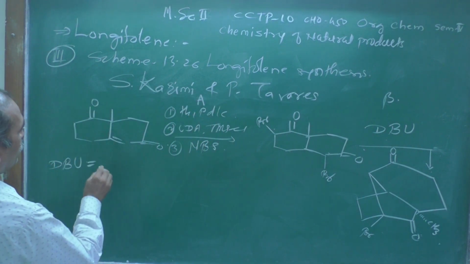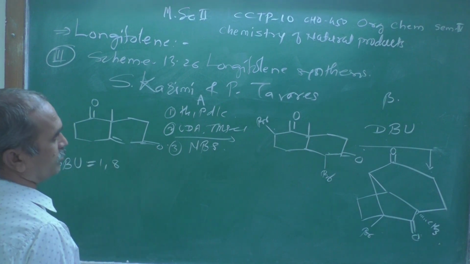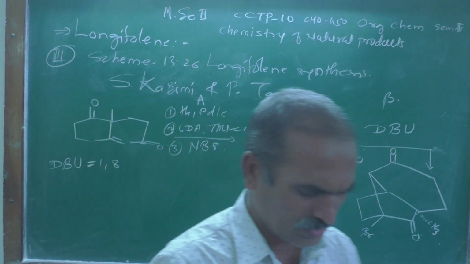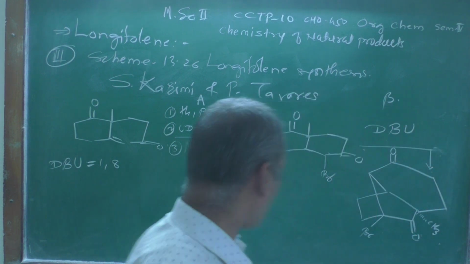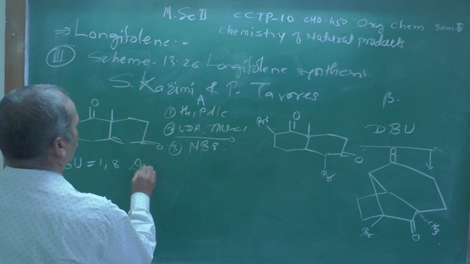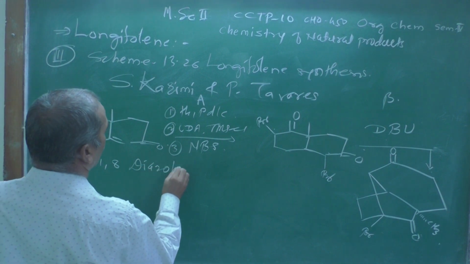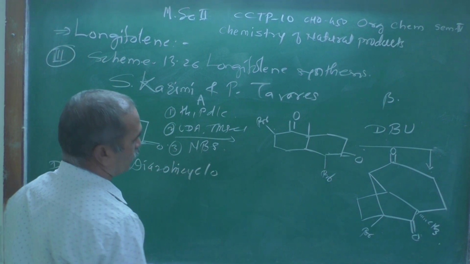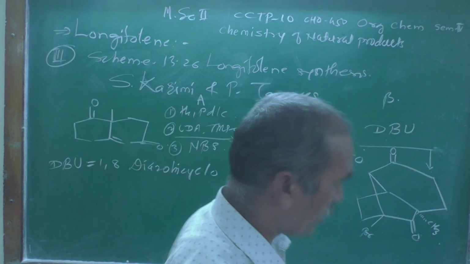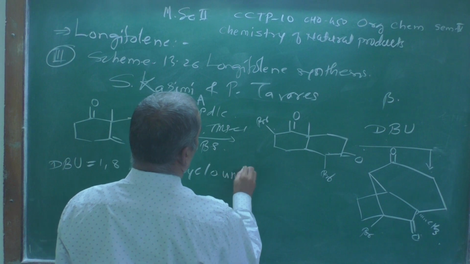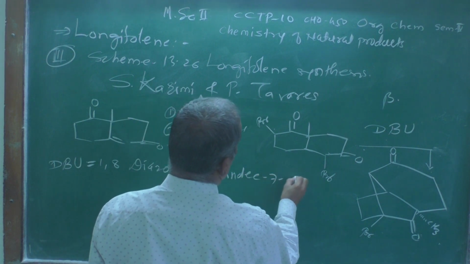The full form of DBU is 1,8-diazabicyclo undecane 7-ene.